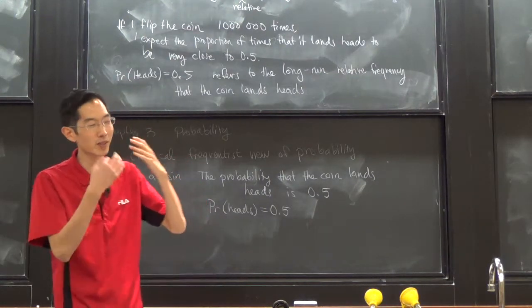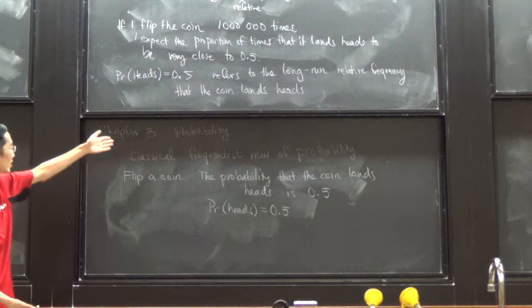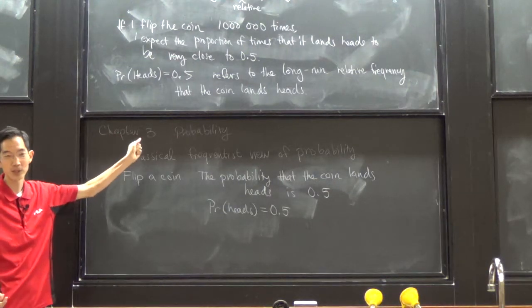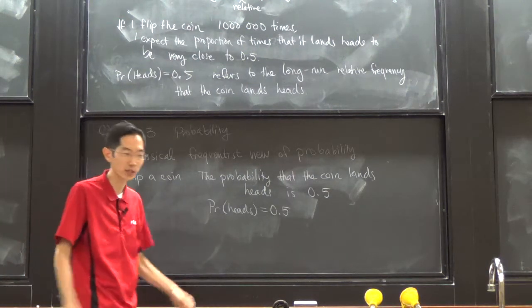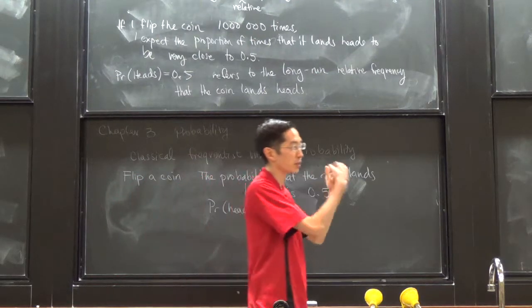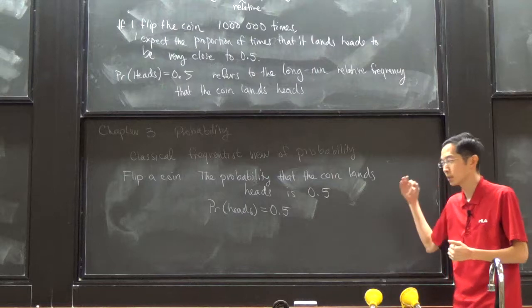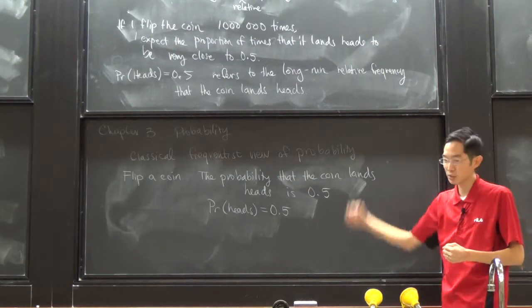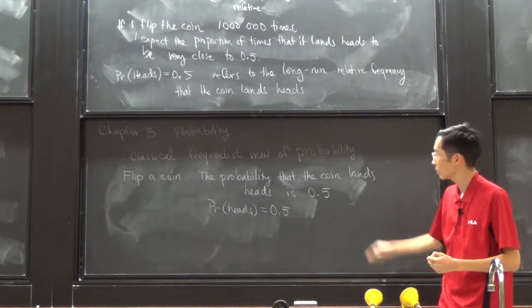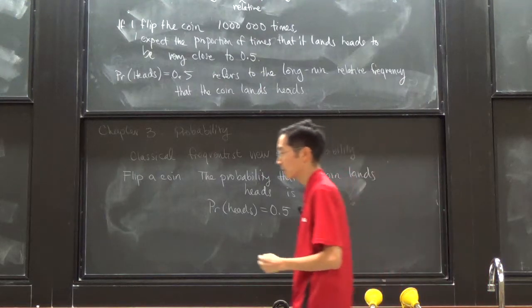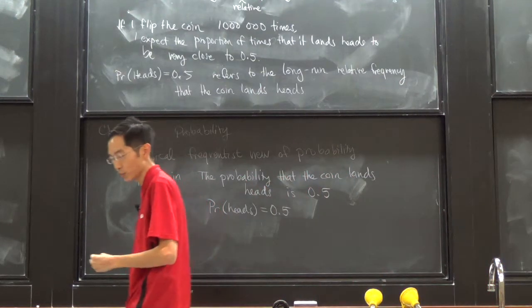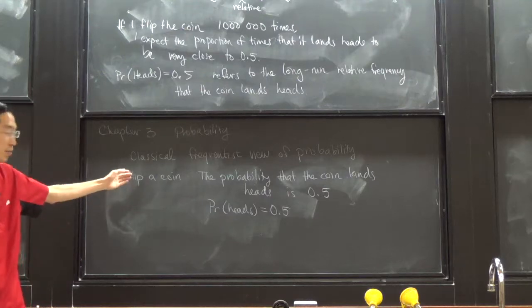Okay, that would be the forced way of applying this classical frequentist view of probability. It's the idea that we can repeat something many, many times, and if we look at the long-run relative frequency, the overall frequency will be this value, 0.5.